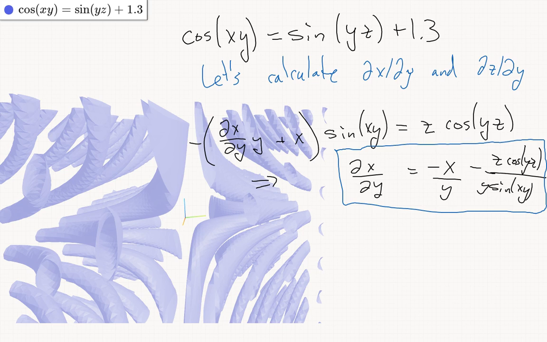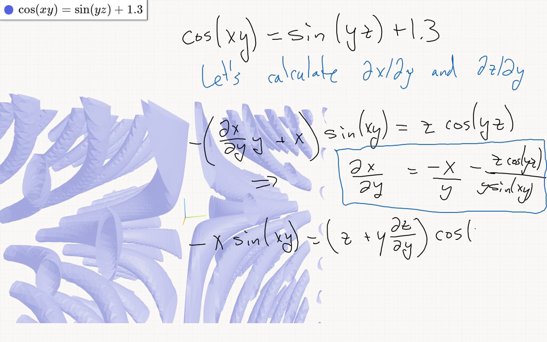Okay, now for del z by del y, we'll do the same thing, but now holding x constant. So now we get negative x sine xy equals z plus y del z by del y cos yz.